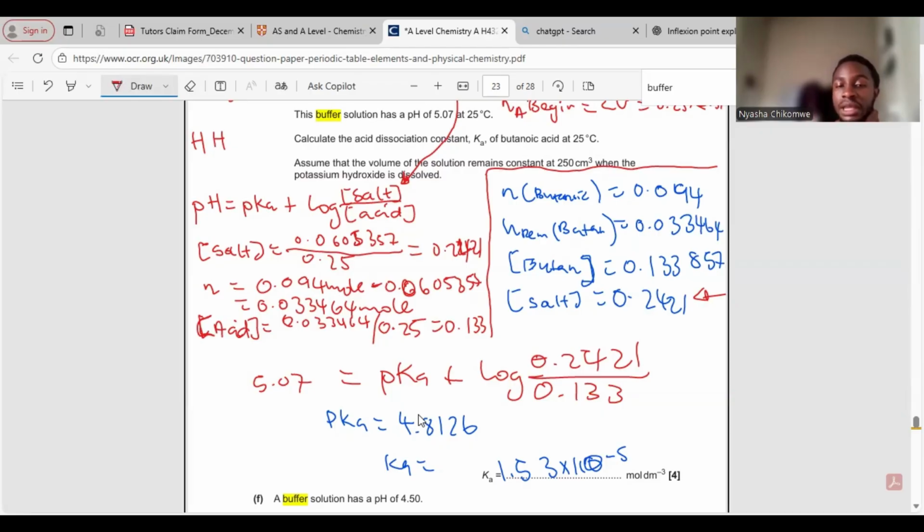Then we can calculate pKa by making pKa the subject of the formula. So pKa is equal to 4.8126. And Ka is equal to 10 to the power of minus 4.8126. Then we can calculate Ka to be 1.53 times 10 to the power of minus 5.